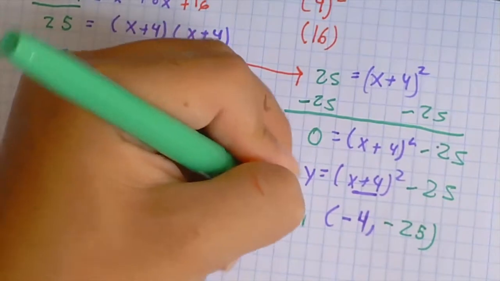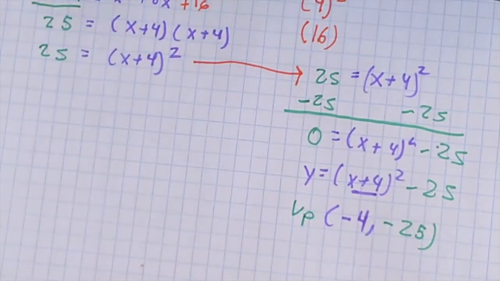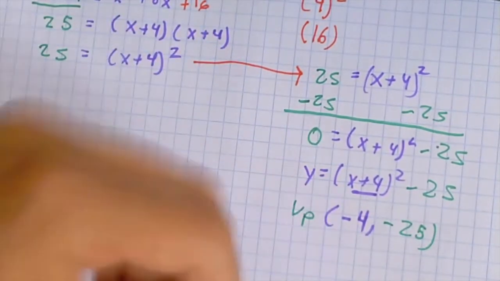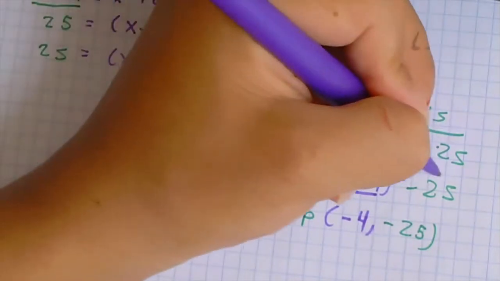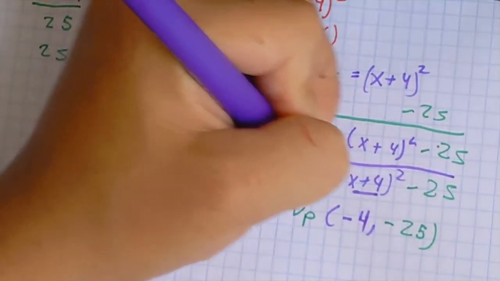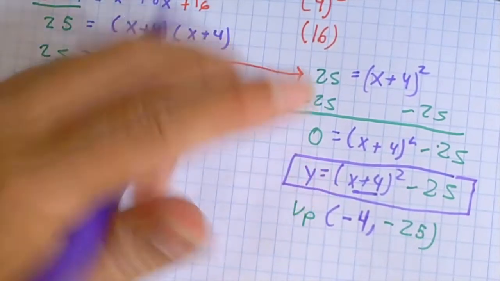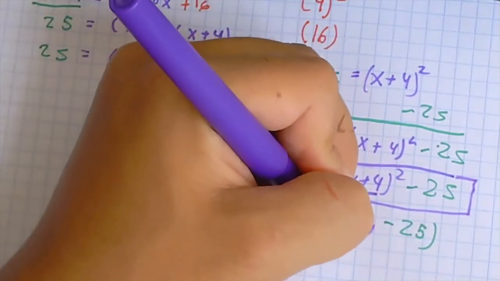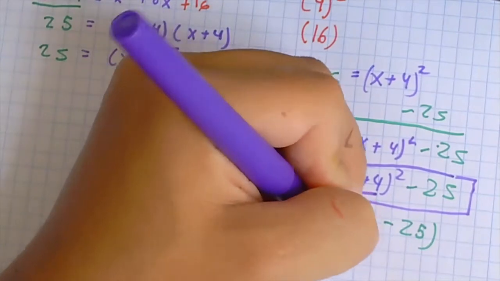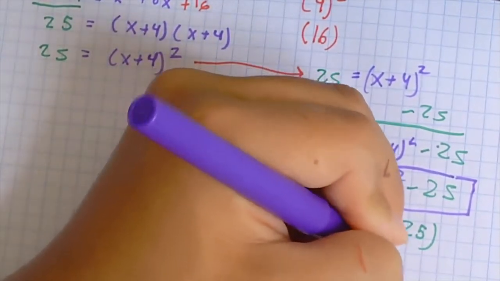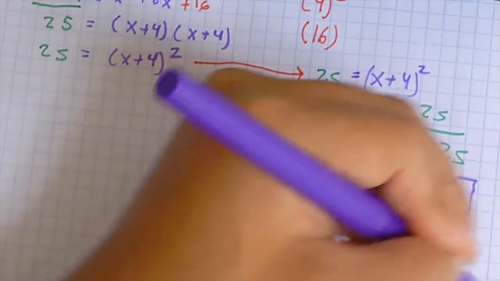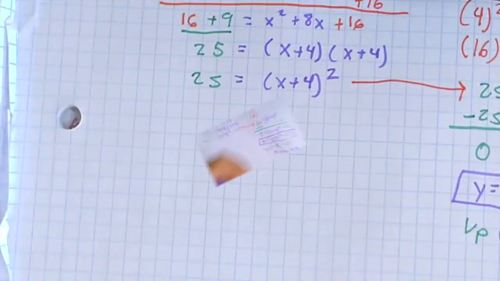This is our vertex point. And by looking at the vertex form of the equation, because the a value is positive, we know this is going to be a minimum vertex point.